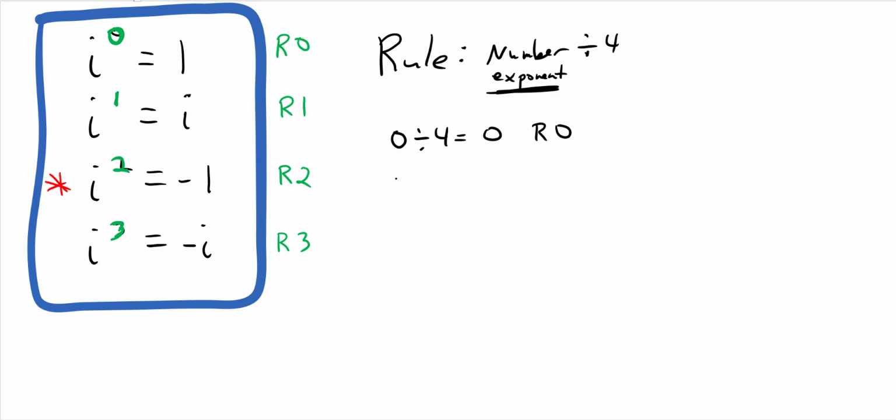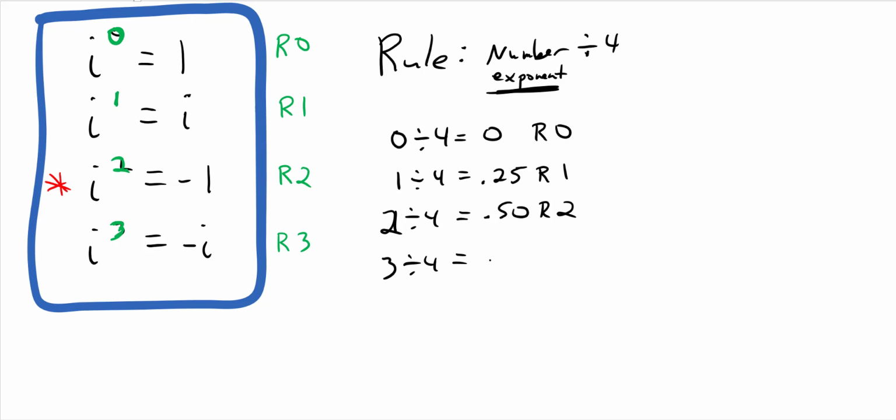If I do the exponent 1 divided by 4, that's going to give me 0.25. Whenever you see 0.25, that's a remainder of 1. If I do 2 divided by 4, that's going to give me 0.50, and that's a remainder of 2. If I do 3 divided by 4, that's going to give me 0.75, and that's a remainder of 3. So this is actually pretty important here as well. So I'm going to highlight this.